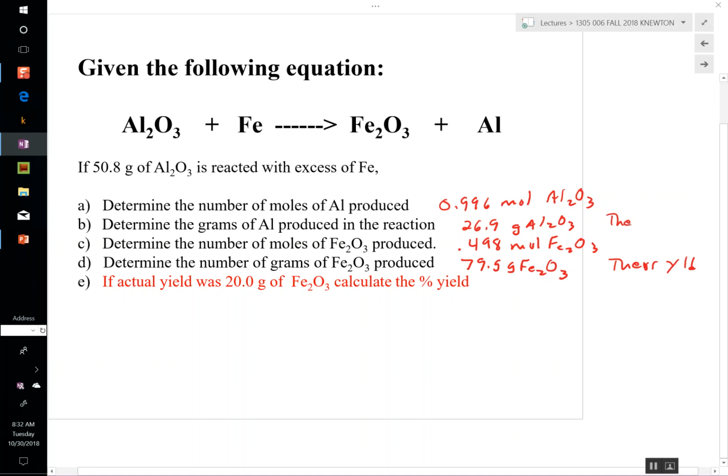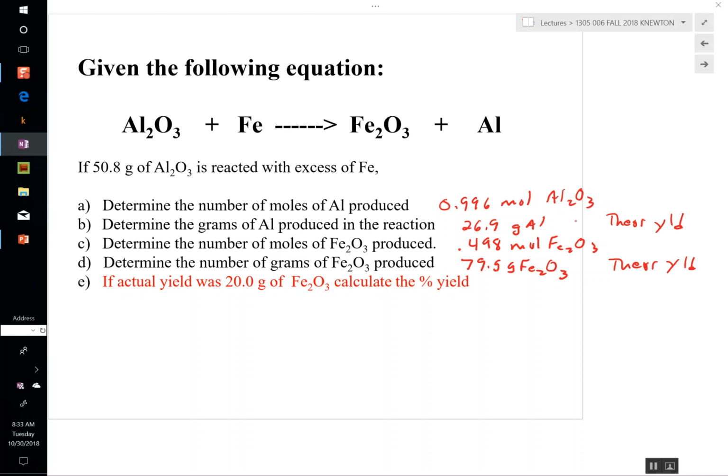This is your theoretical yield of aluminum. Oh, that's aluminum. I'm sorry. This is confusing enough with me mislabeling things. Okay? Does that summarize it? That's what we calculated so far?